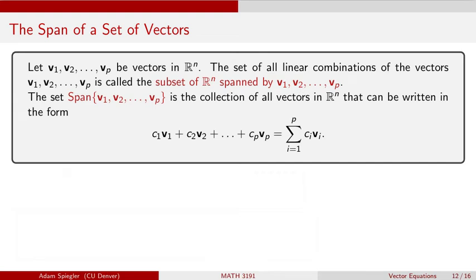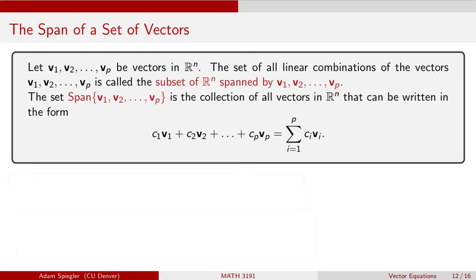Okay, so now that we know what a linear combination of vectors would be, let's define what the sets spanned by these vectors are. So if I have a collection, again, of v1, v2 up to vp, and these are all vectors in Rn, so we have p different vectors, and each vector has n different values in it, then the set of all linear combinations of these vectors is called the subset of Rn which is spanned by vectors v1, v2, v3, all the way up to v sub p.